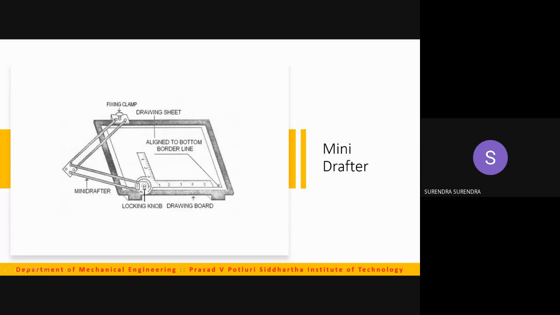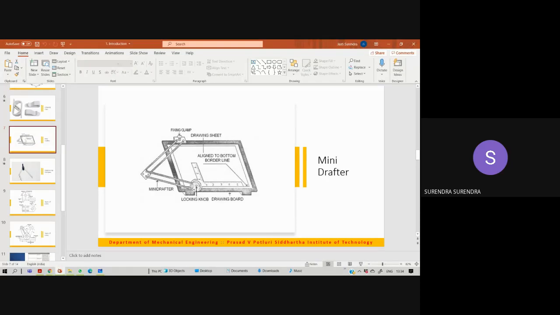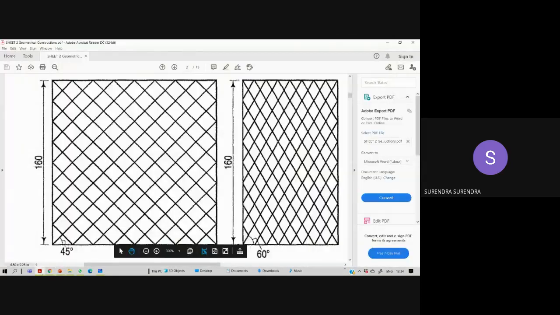If you lock this, now the drafter will move. If you move the drafter by holding this locking knob, you will observe the scale will move exactly in horizontal and vertical direction. So that by using these conditions, we can easily draw the horizontal and vertical lines.